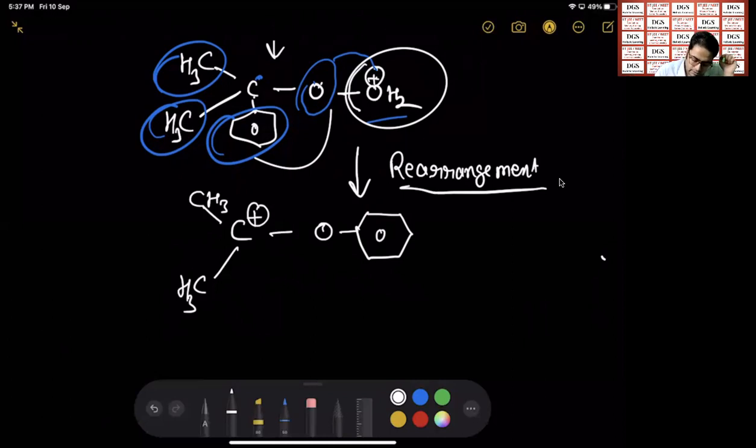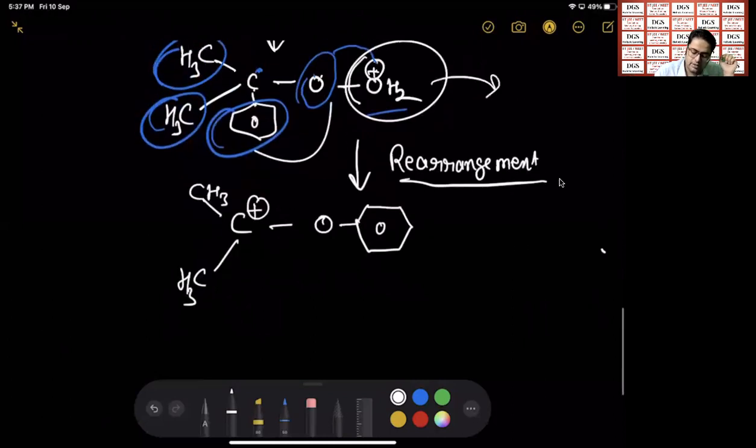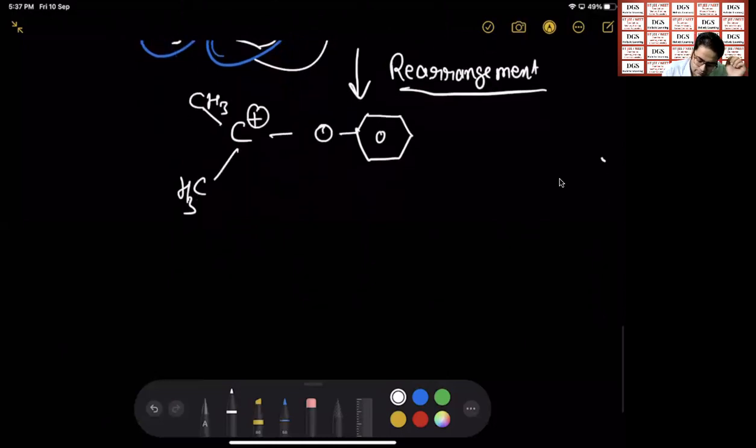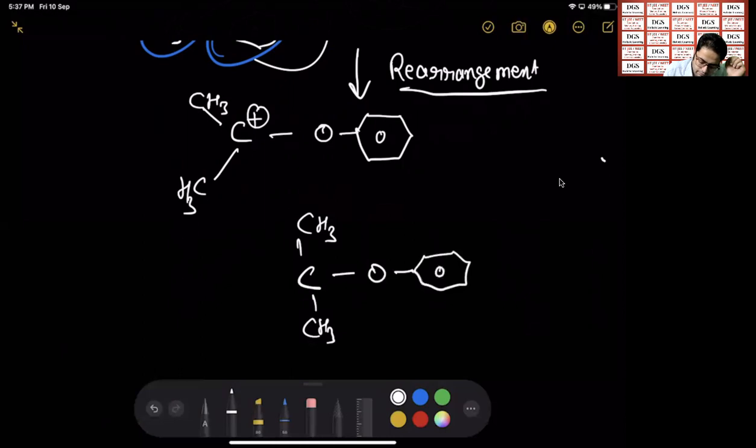Just wait a minute. Now, the water which is coming out rearranges itself again to cover up this positive charge. So now what we can observe is that this water is coming out to cover up this positive charge. Now, as it is quite evident that oxygen will not be ready to acquire this positive charge, what will happen next?